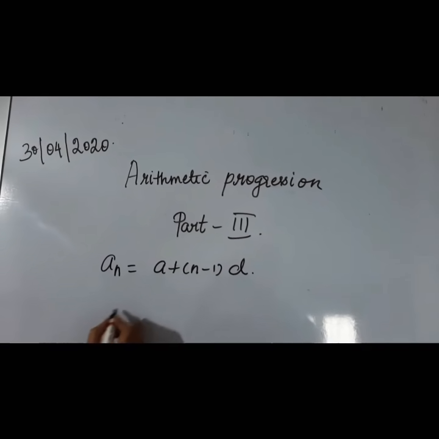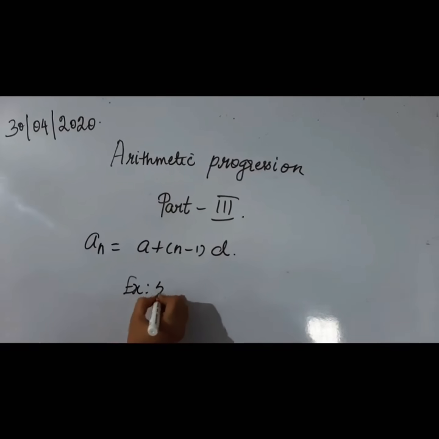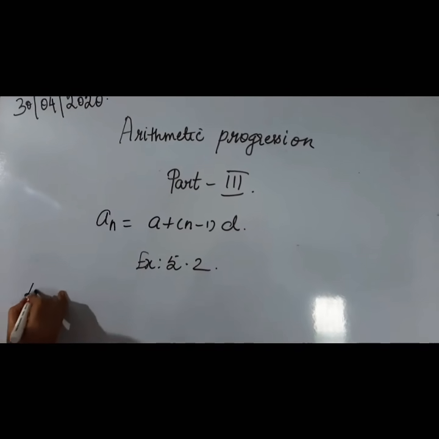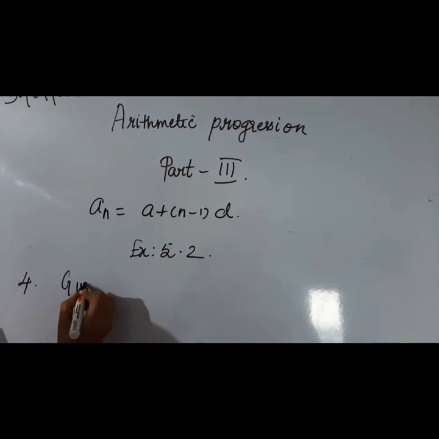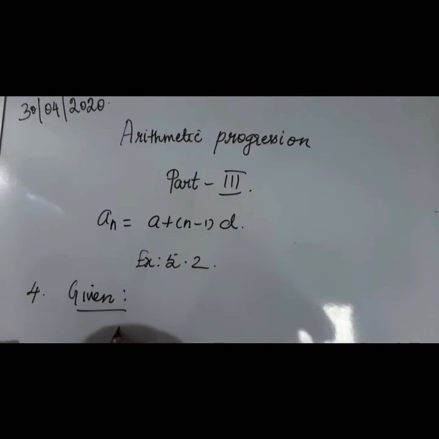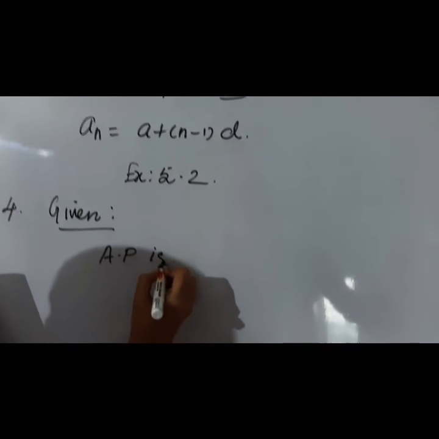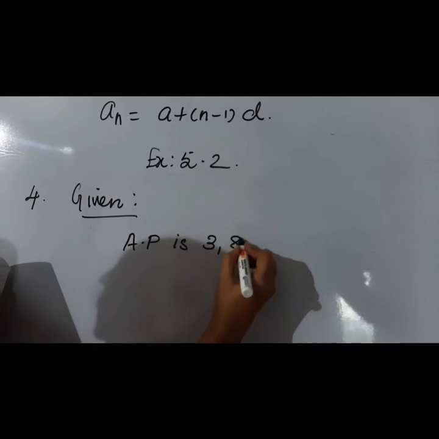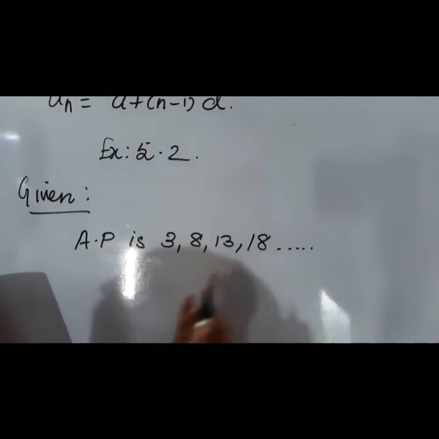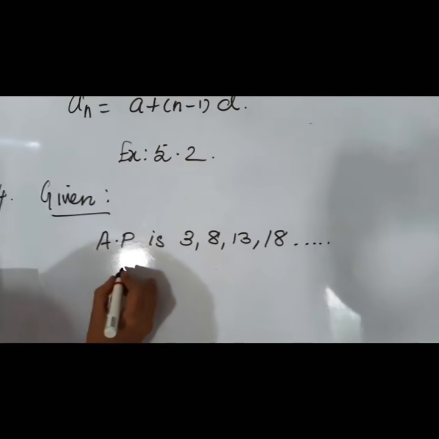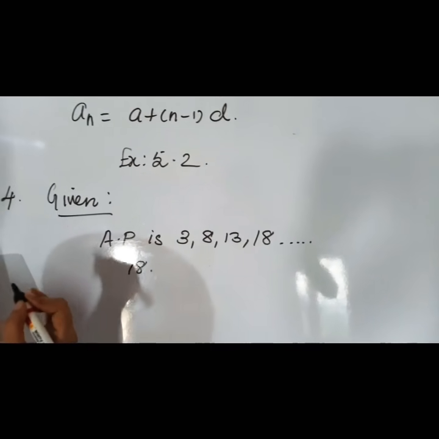What is given? In question number 4, it is given that the AP is 3, 8, 13, 18, etc. And a term in this AP is 78.